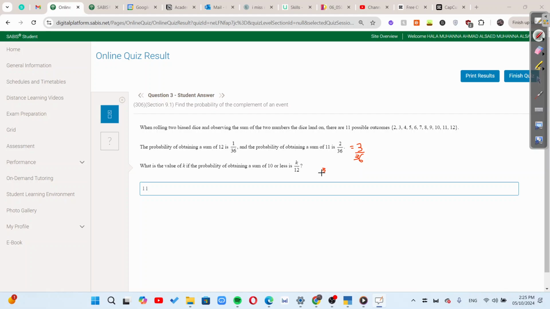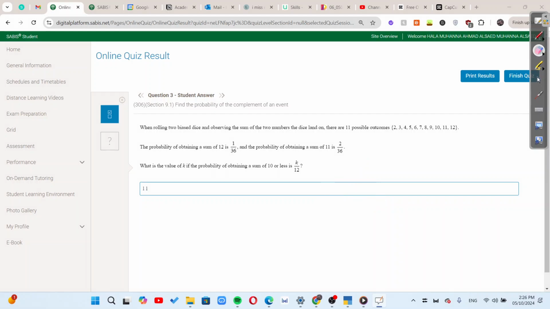So the chance of getting 10 or less is 36 over 36 minus 3 over 36, which means you get 33 over 36. That's your answer, but they want you to put your denominator as 12. So divide by 3, which equals 11 over 12. And that's how you solve it.